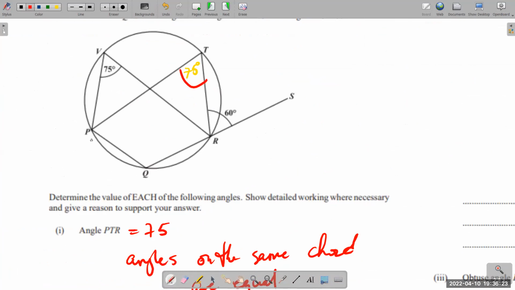TPQ. That's this angle here. Nobody ever taught us this, right? But I'm gonna tell you the truth. There's an indirect way of finding this angle. You see, you think they put the 60 here for no reason?